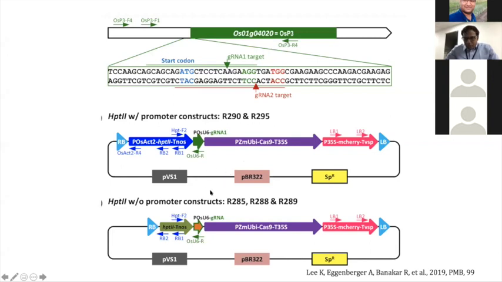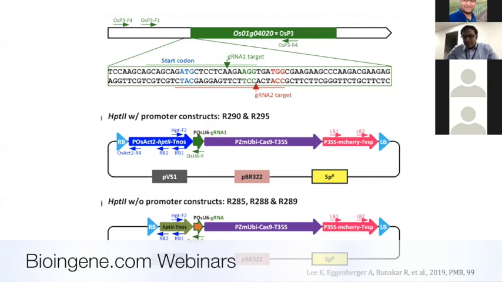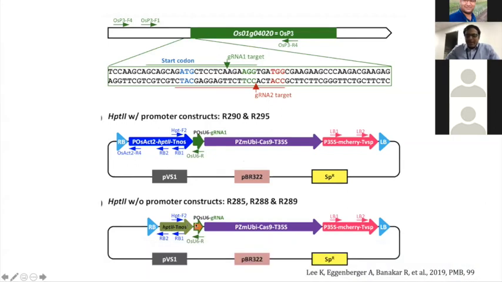So what we found was interesting. We not only got the construct without a promoter for the selectable marker integrated in the cleavage site, we also got the construct which had a promoter in front of the selectable marker integrated in the cleavage site that we were looking at.